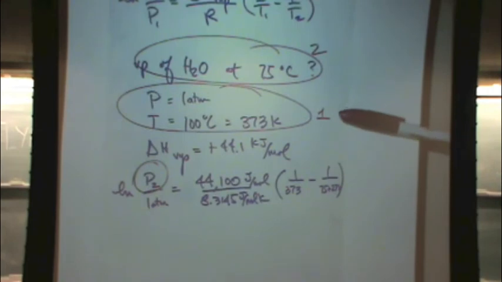Remember, point 1 I just knew because I needed an extra point, and I know the normal boiling point of water. If it's something besides water, then they would say the normal boiling point of blank chemical is whatever, 400 Kelvin. So you know temperature, and then the pressure, since it's the boiling point, would be 1 atmosphere.